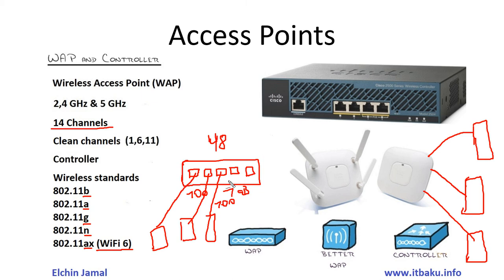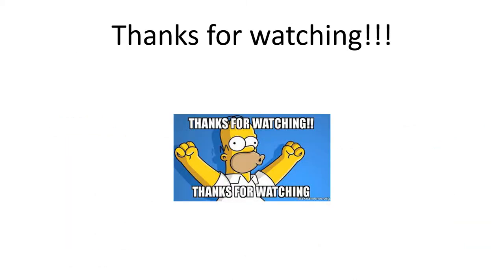It's as if the switch had shared ports. An access point has shared channels and shared frequencies. So the more devices we have connected to the access point, the lower the speed of the wireless connectivity. That's it for now. Thanks for watching.